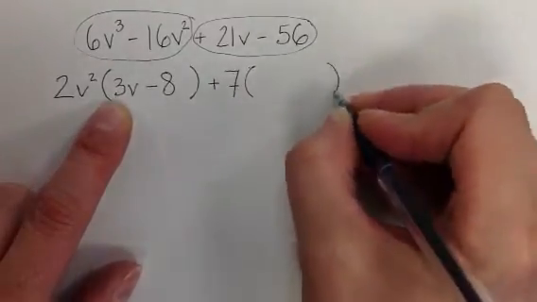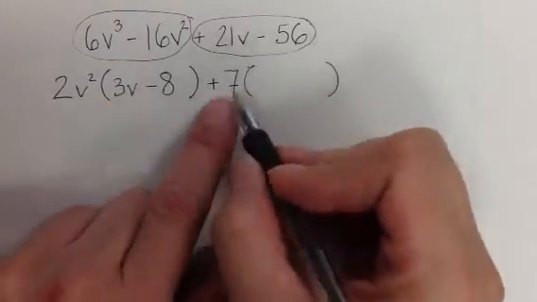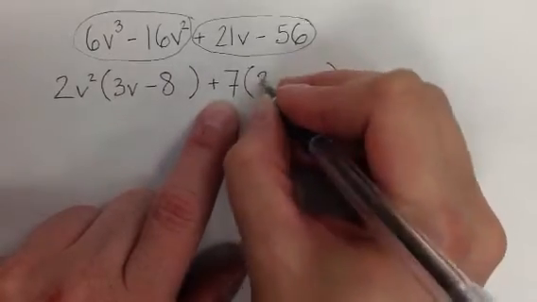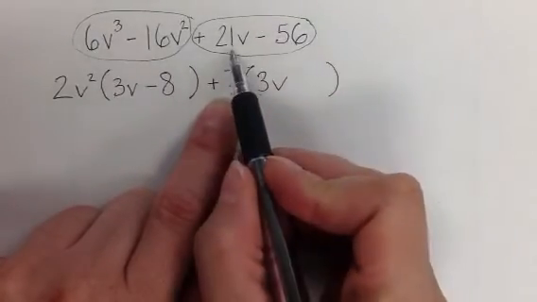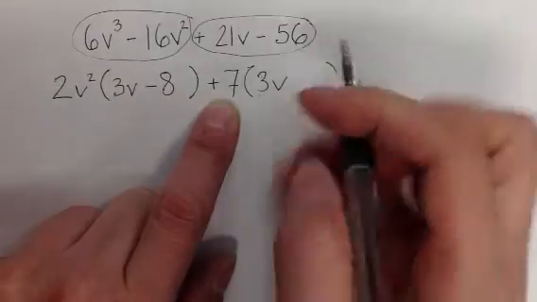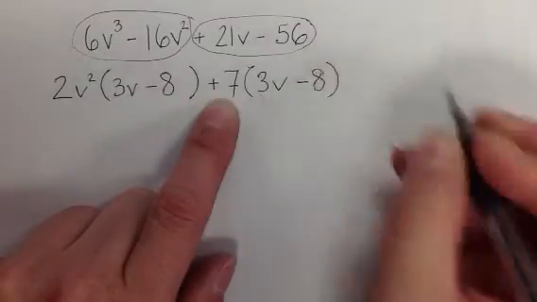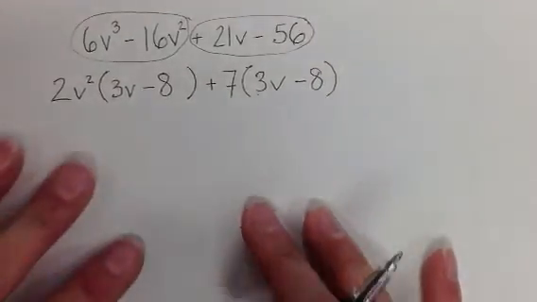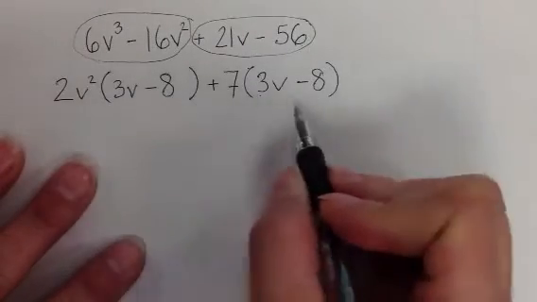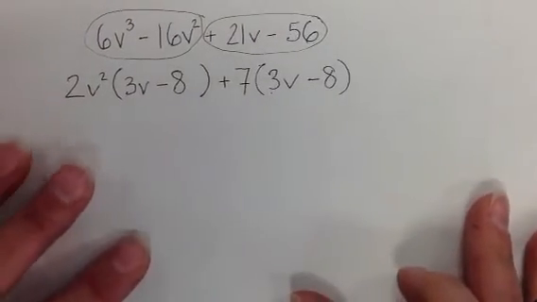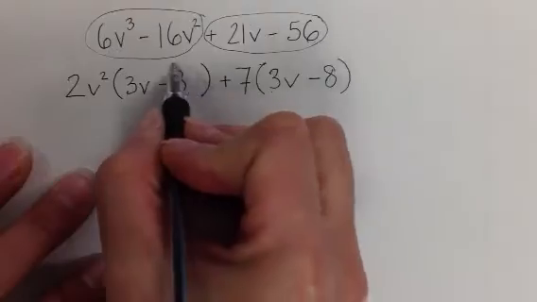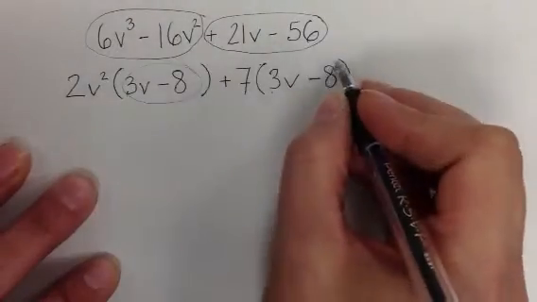So, how do I get back to here? 7 times 3v will give me this term. And then negative 56 divided by 7, that's negative 8. Now, look what happened. These two are the same. So what I'm going to do now is actually factor these out.